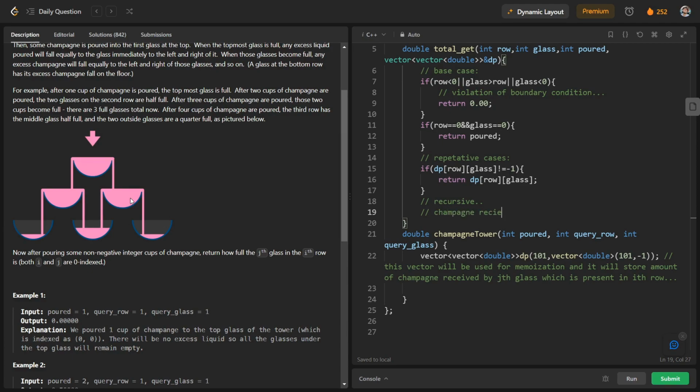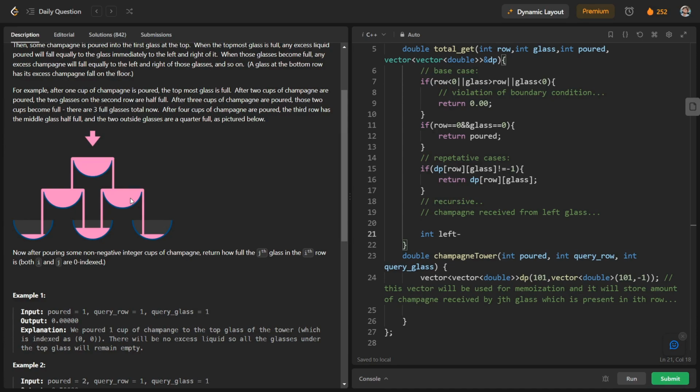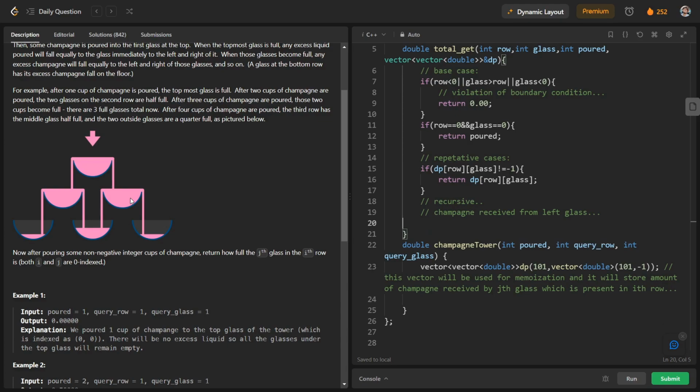So I will write here left, and it is not of type int, it is of type double. So double left means the amount of champagne received from the left glass, which will be nothing but total get of row -1 and glass -1 and poured, and we will pass dp as a parameter.